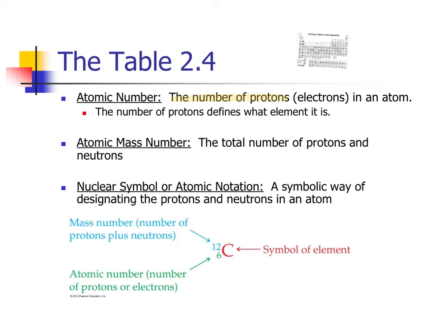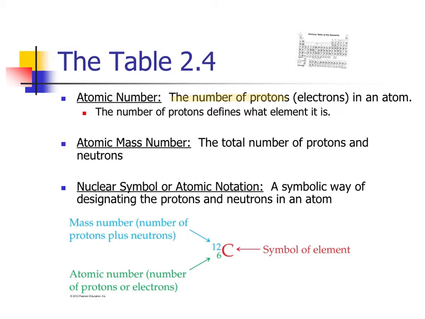We'll get into that later, but for our purposes in using what's called nuclear symbol or atomic notation, those long numbers need to be rounded up or down to the nearest whole number so that we can use that information.